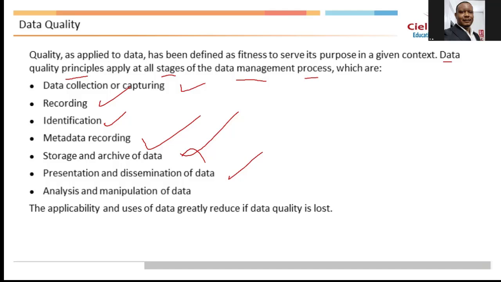Aside from that, during the analysis and manipulation of data, the data analysis phase now requires that the data be accurate and reliable, because poor data quality can give us poor results or false outcomes, as the case may be. And this can, of course, lead to faulty analysis or even wrong conclusions.